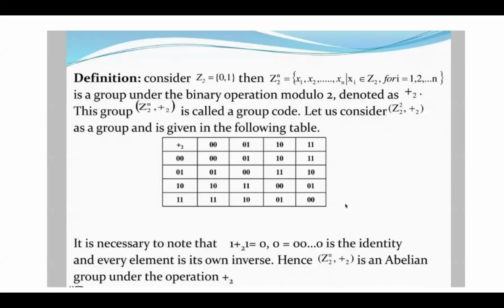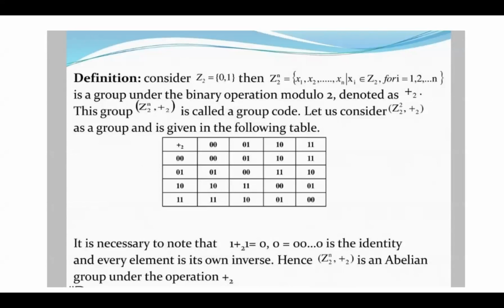Okay, first we'll consider the definition here. What we are going to consider here is Z2. Z is a group, a finite abelian group. And this 2, we can see 2 is there as a subscript of Z. It is denoting binary, meaning the group is binary.